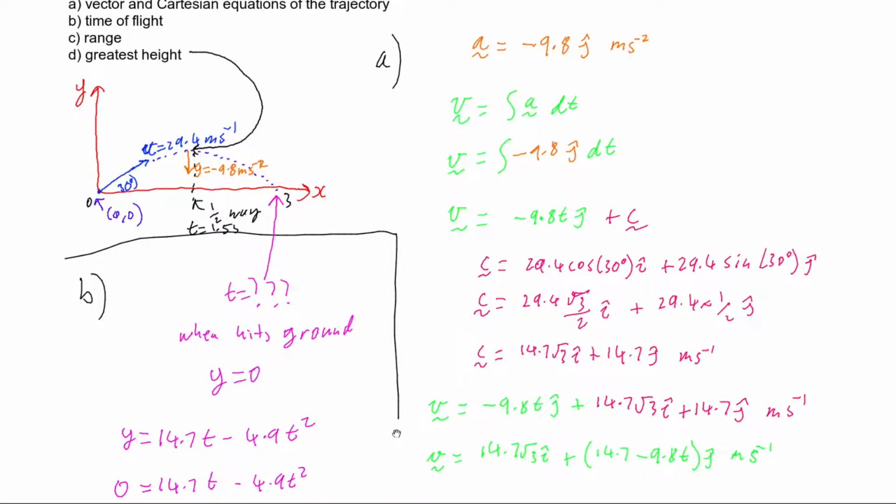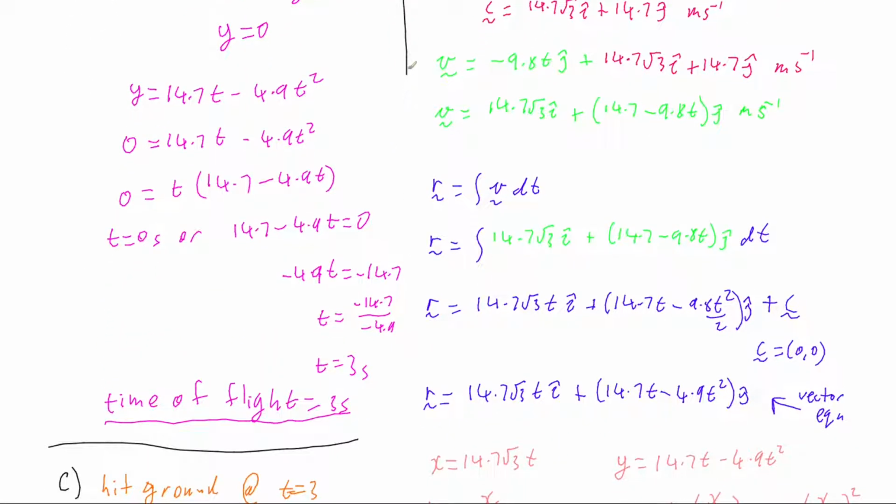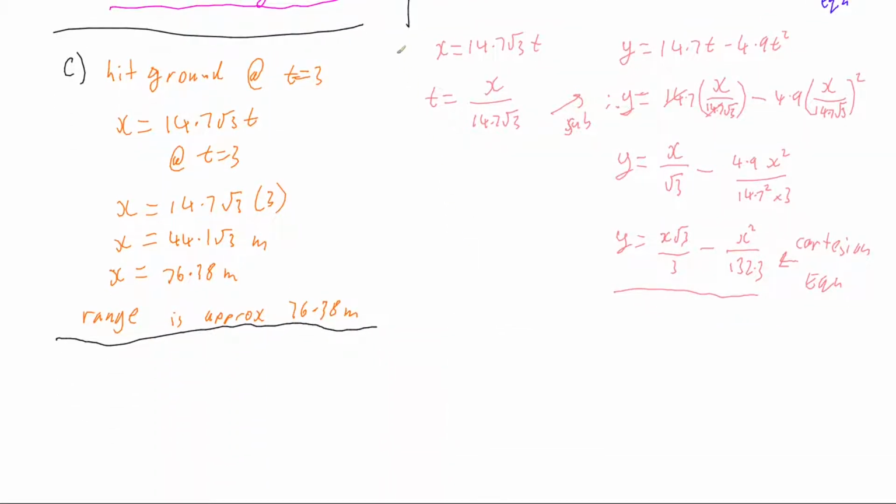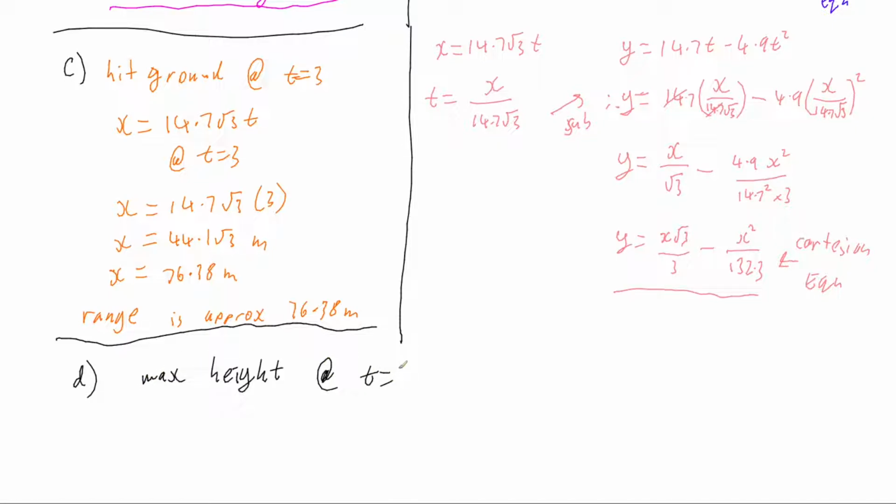So we can go down and have a look at our height equation again and have a look at part D. So max height is at t equals 1.5 seconds, or as a fraction 3/2 if you want the fraction.